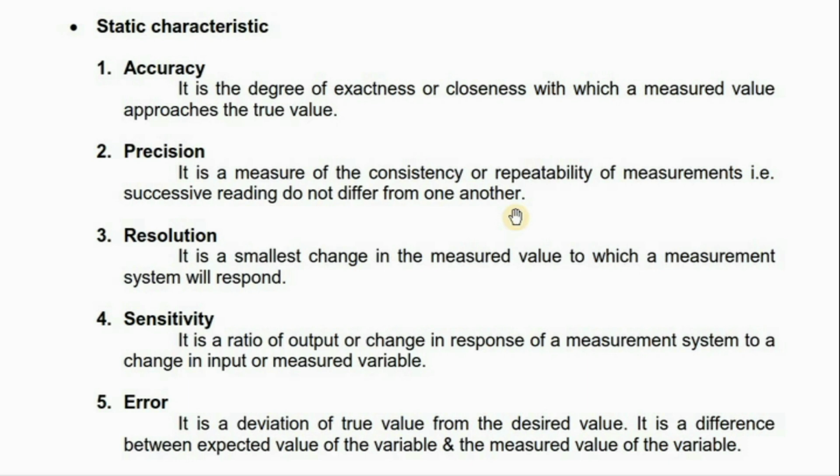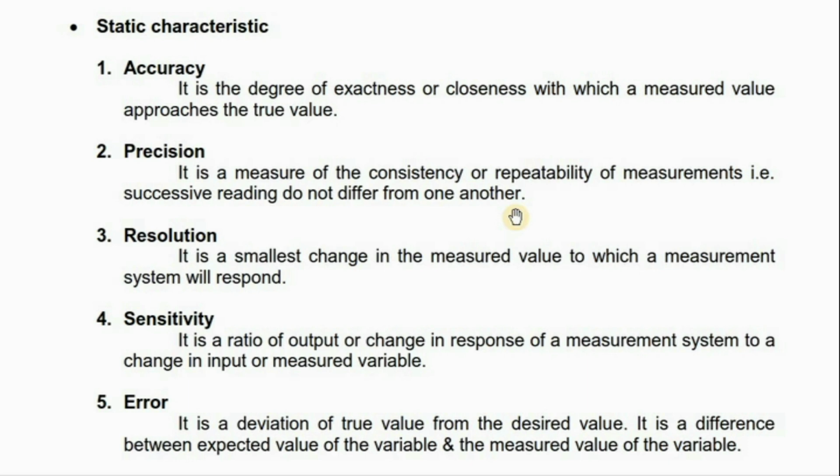Initially it is 12.4, then 12.42, then 12.39. If after repeated or successive readings the values are very close to each other, we call the instrument precise, or say it has good precision.